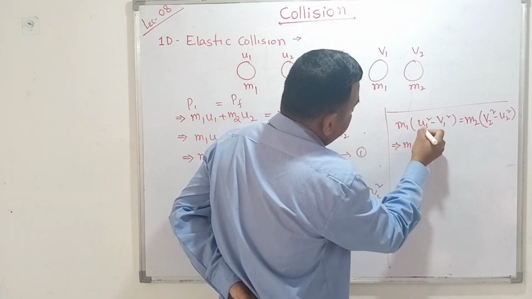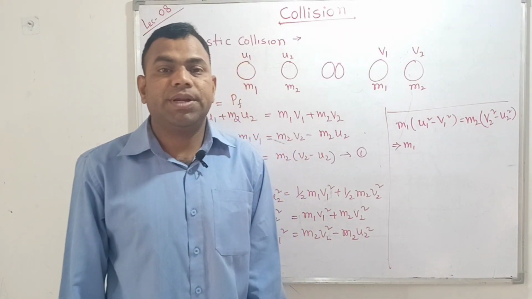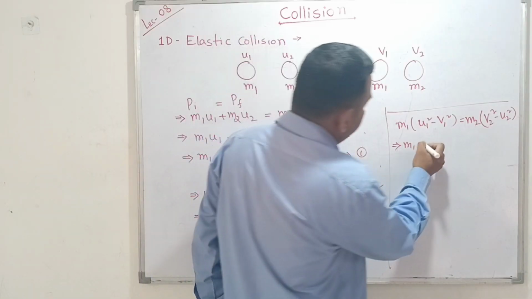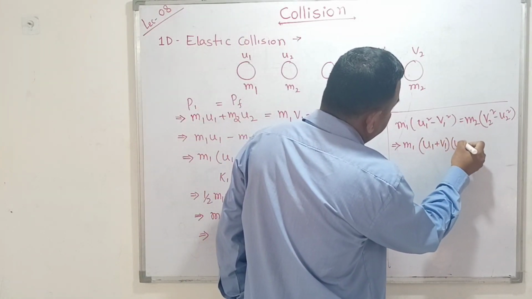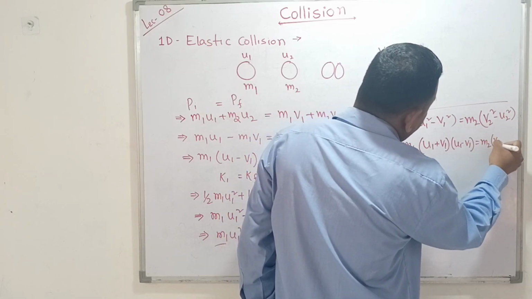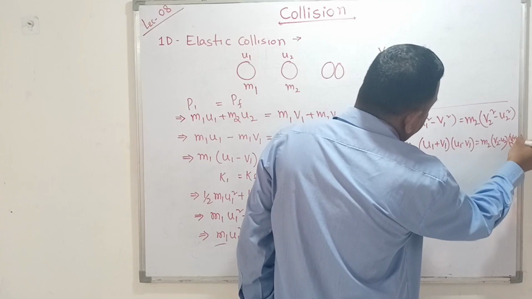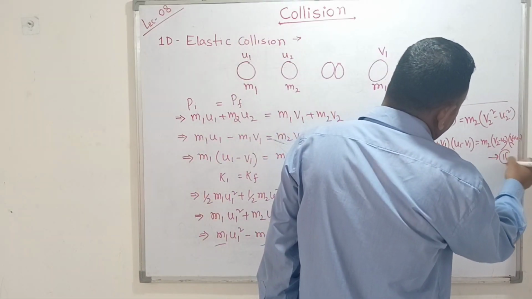So m1 times u1 square minus v1 square. Do you know a square minus b square is a plus b into a minus b, there is a formula. So you can rewrite u1 plus v1 into u1 minus v1, same here, v2 minus u2 into v2 plus u2. So this is equation number 2.